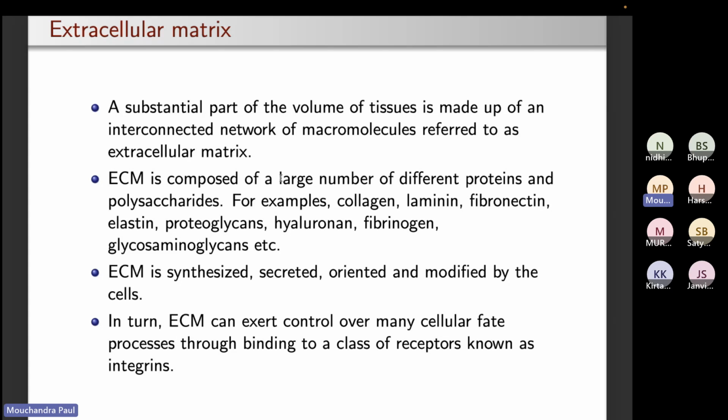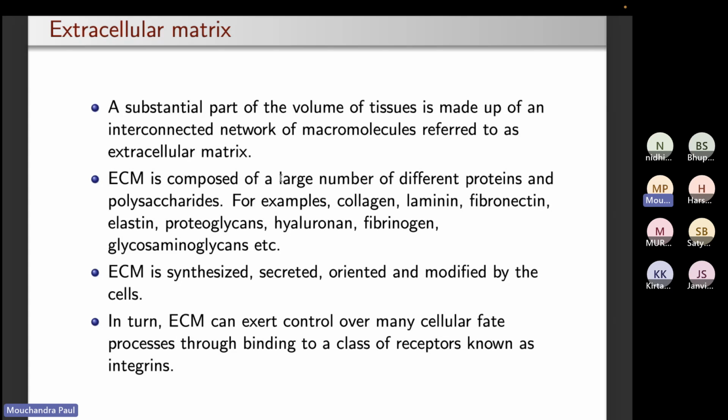So they are completely managing the composition of the ECM. In turn, what would the ECM do? ECM can exert control over many cellular fate processes through a class of receptors called integrins. So, what are cellular fate processes?